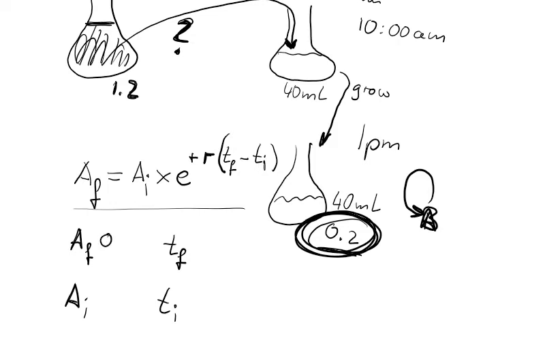So it's 0.2. What is the corresponding T final? What is the time where we have 0.2?